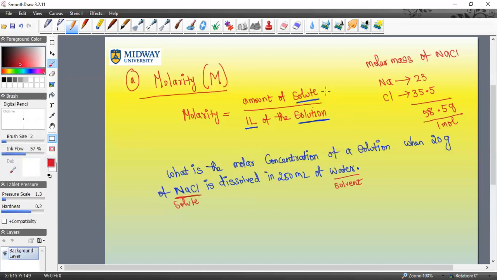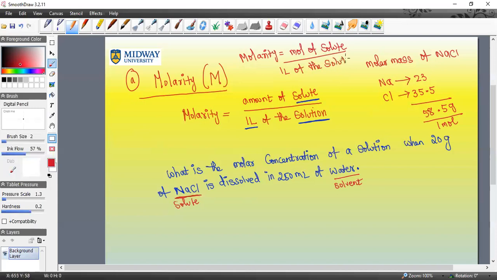Whenever you want to find the amount of solute, there is an alternate way of writing it. I'm going to write it as moles of solute. So molarity is, instead of amount, the term that we learned in the previous video, which is moles of solute over 1 liter of the solution.